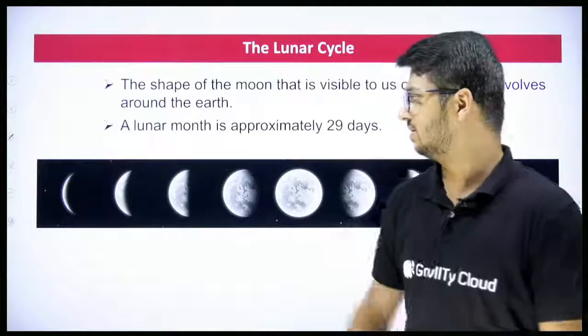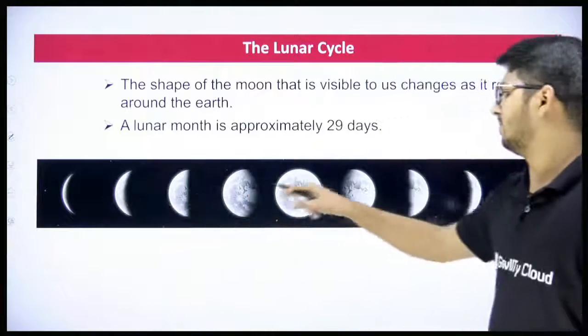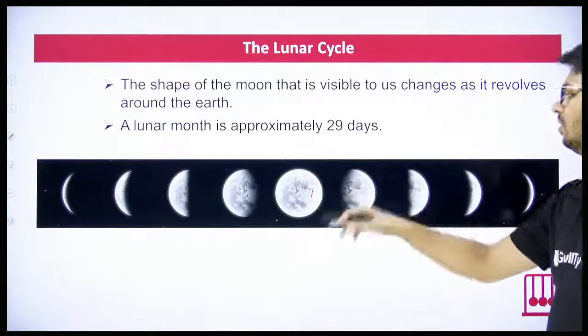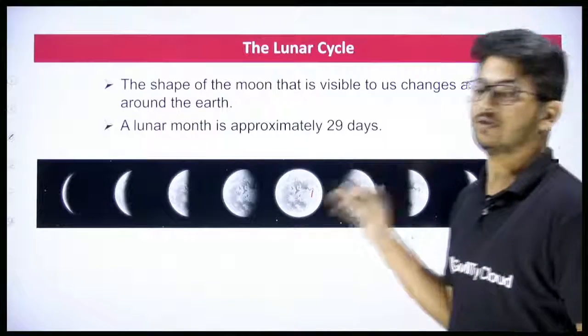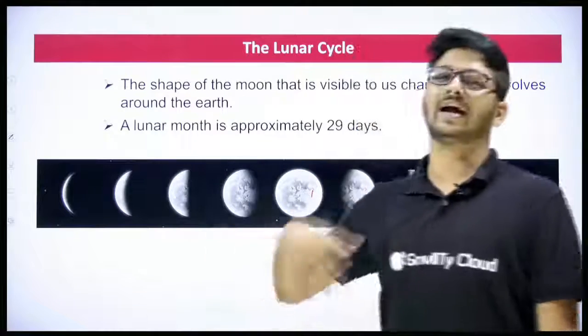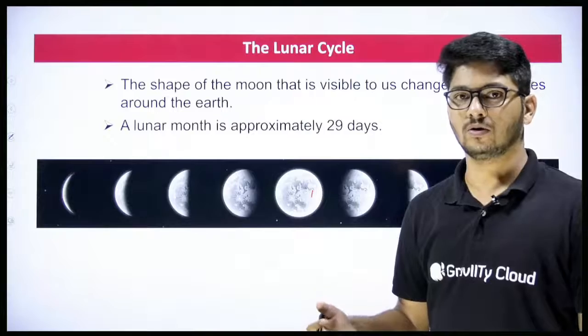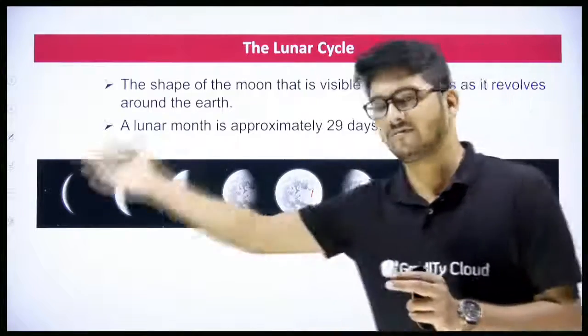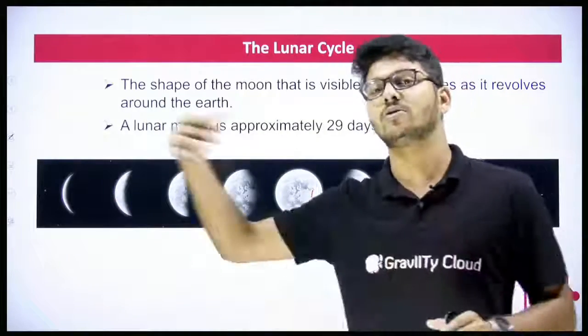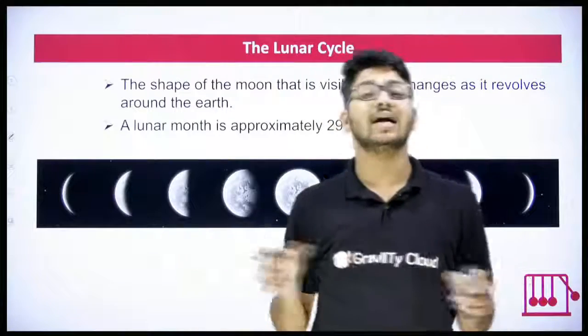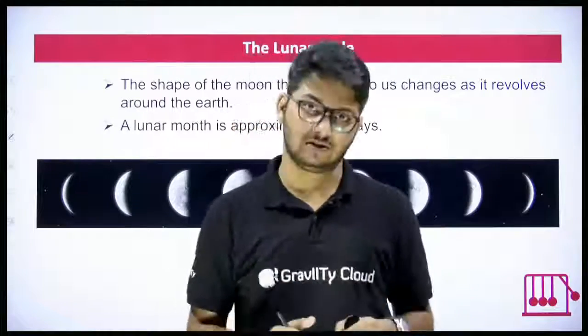You can clearly see, yes or no? This is a full moon. It keeps on changing, from new moon to full moon and again a new moon, or from one full moon to the next full moon, or from one new moon to the next new moon. That we call a lunar month.